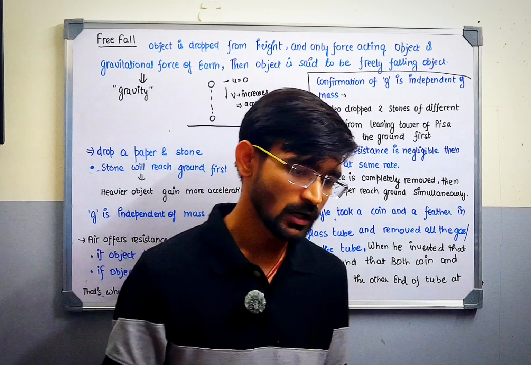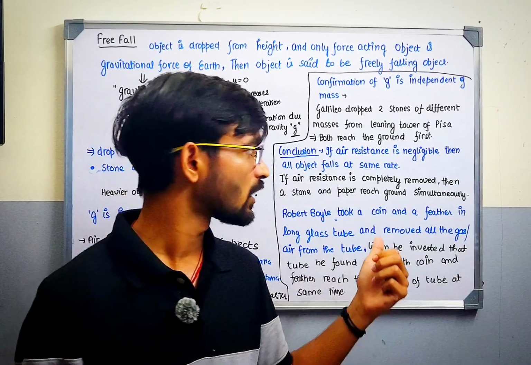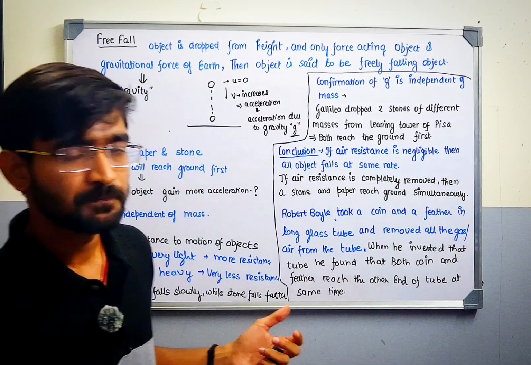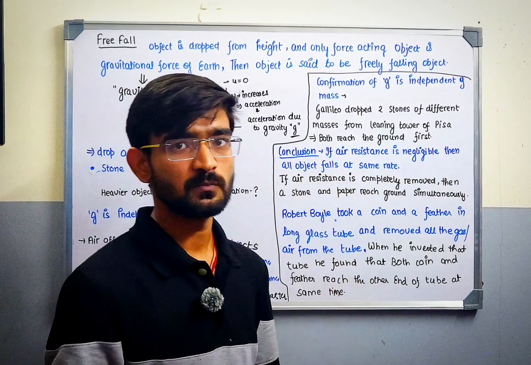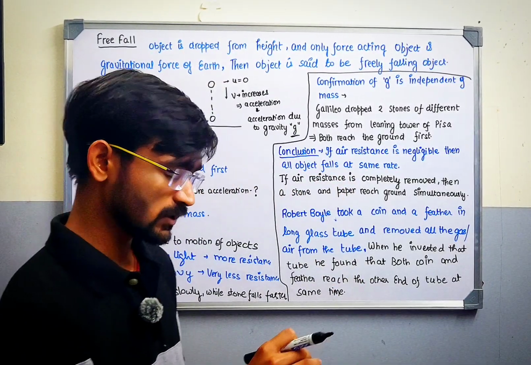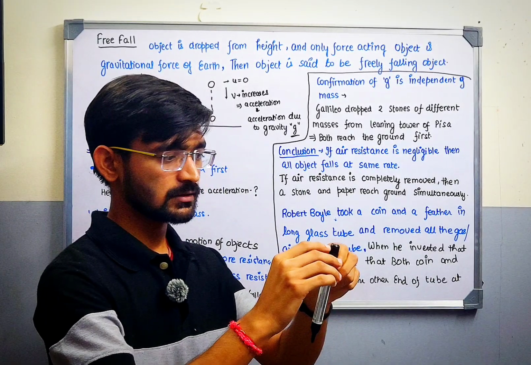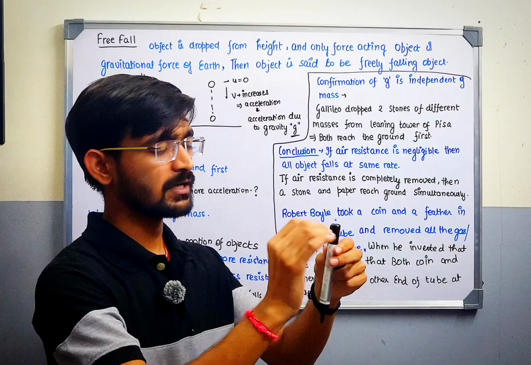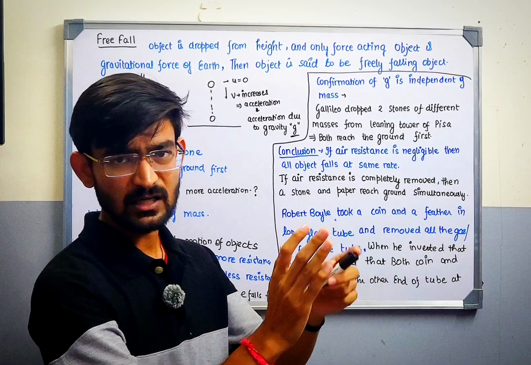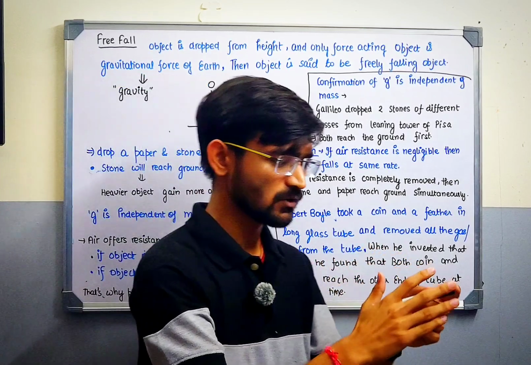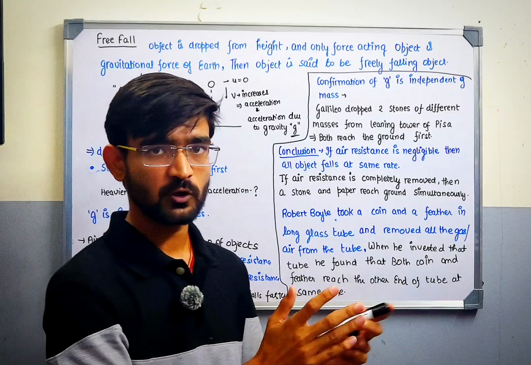For this, Robert Boyle tested his statement. He took a long glass tube, and he put one coin and one feather in it. Suppose this is the glass tube, and he put a coin and a feather at this point, and he removed all the air and all the gases from the tube using a vacuum pump.